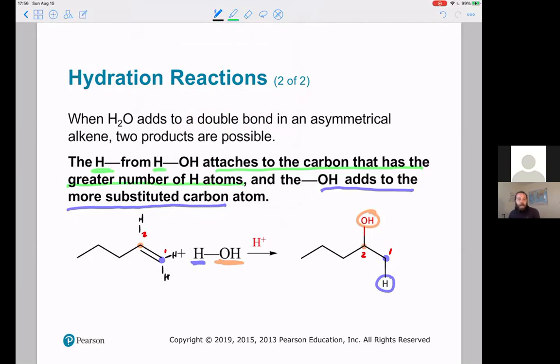So the hydrogen is going to be added to the carbon with the more hydrogens. Those are just inverse ways of saying the same thing. I actually think of it more as what I've underlined in blue here. I'm going to put the OH group on the more highly substituted carbon. And again, more substituted means more carbon, more carbon-carbon bonds.